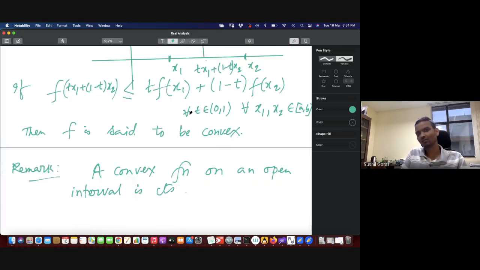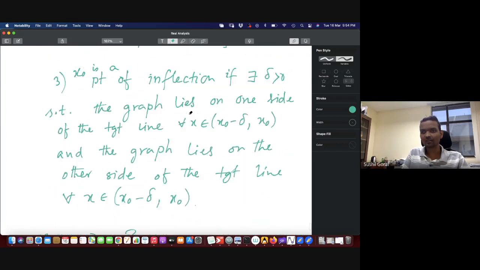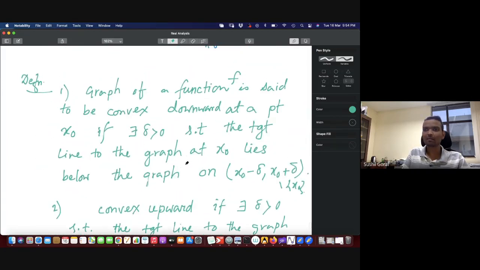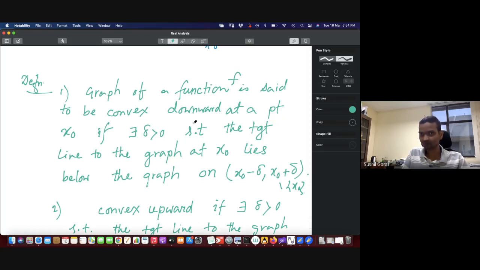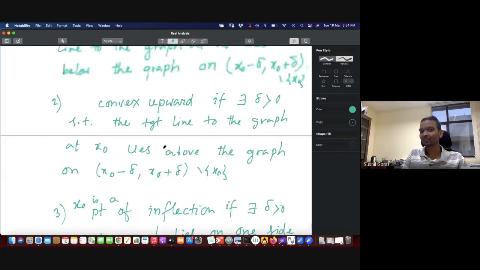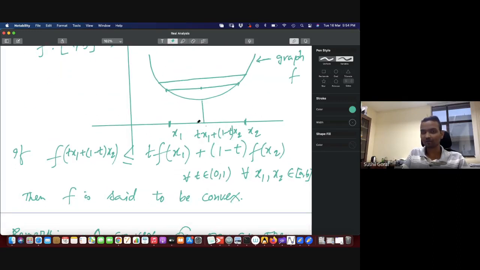Anyway, I will not go into the details of convex functions, but what I want is the similarity of this one with convex downward. If the function is differentiable, then convex downward will give you the convex function.